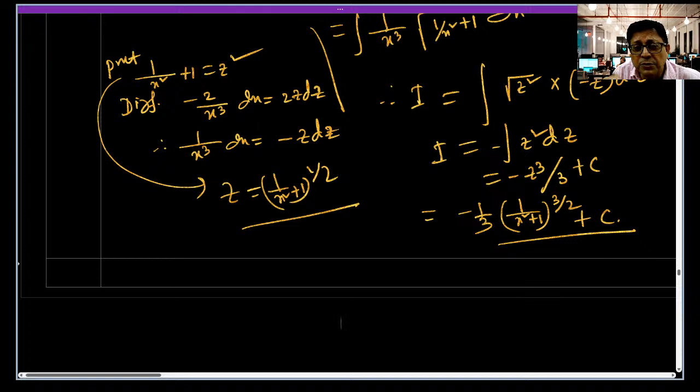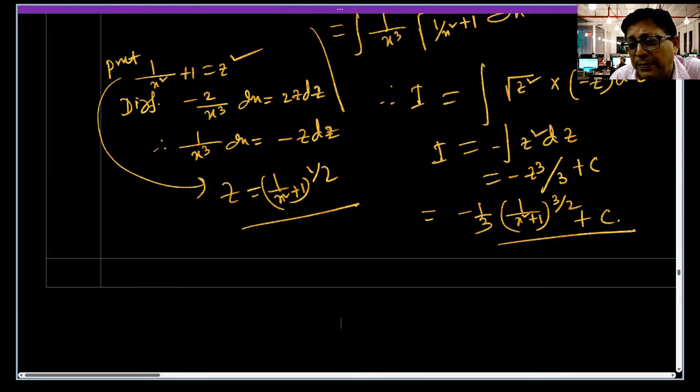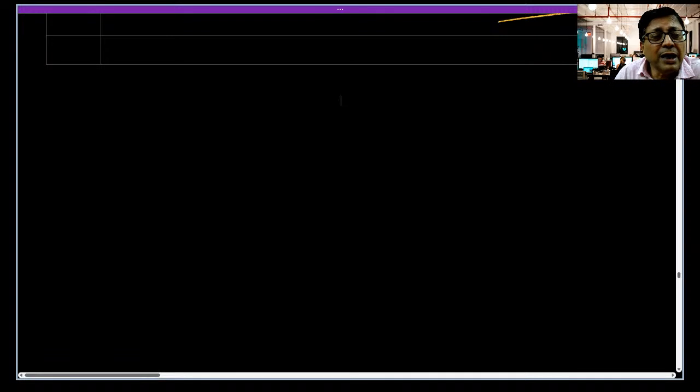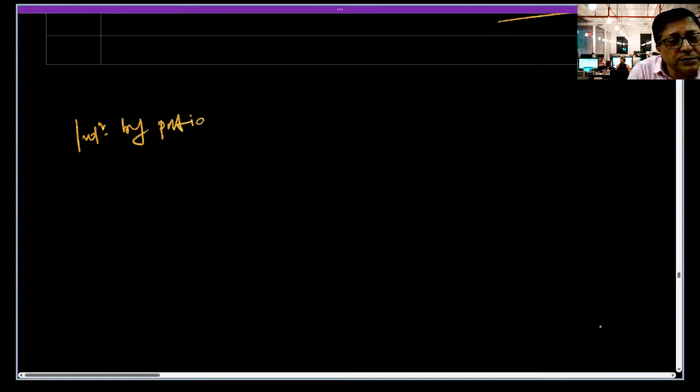You can approach sums on integration from any book after attending this session. Please do that and let me know whether you are able to do or not. And now I will give you integration by partial fraction introduction.